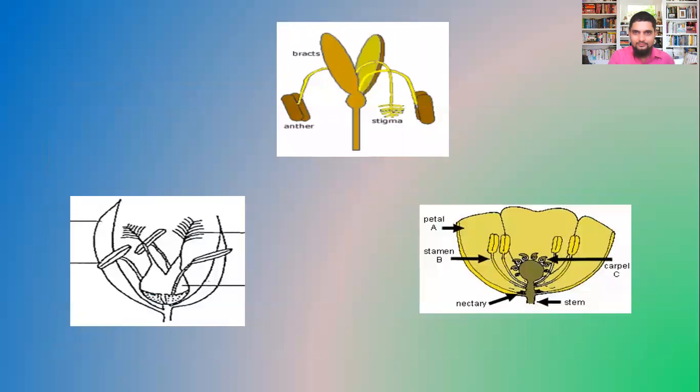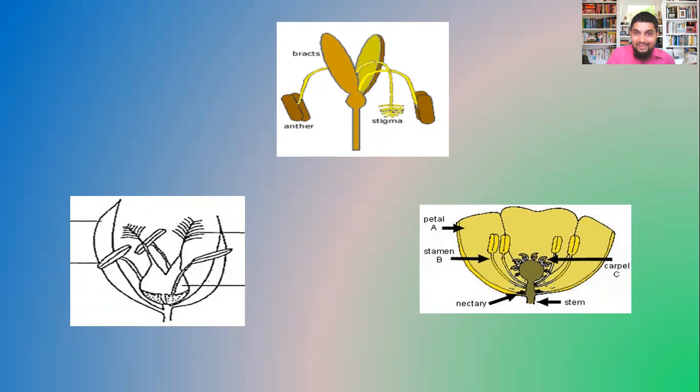So I have here three different images of three different flowers, and you should be able to identify whether they are wind-pollinated flowers or insect-pollinated flowers. How about the top flower?